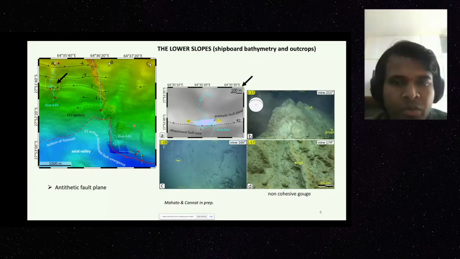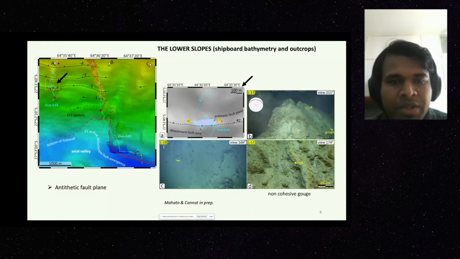And then we see these ridges which are trending in the east-west direction, which are marked as 1, 2, 3, 4. In this map, we explore the north-facing slope of one of these ridges.